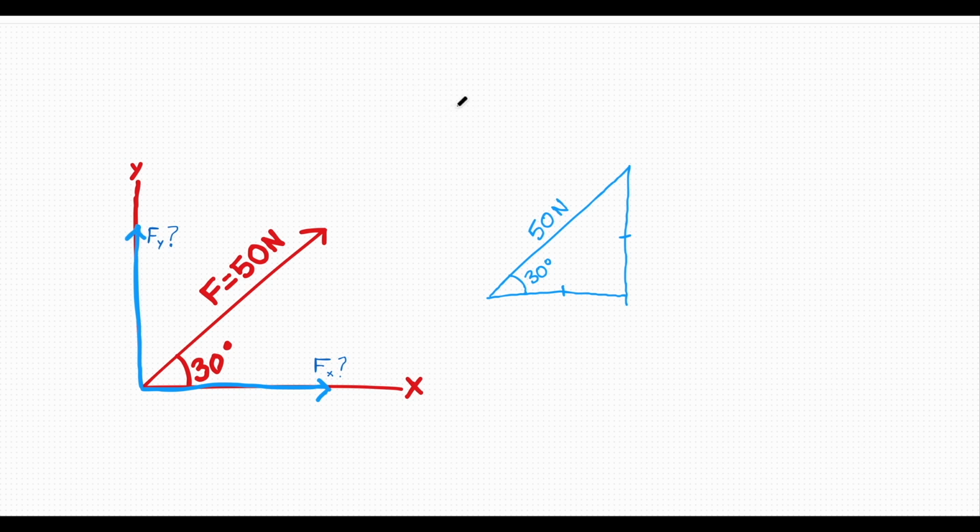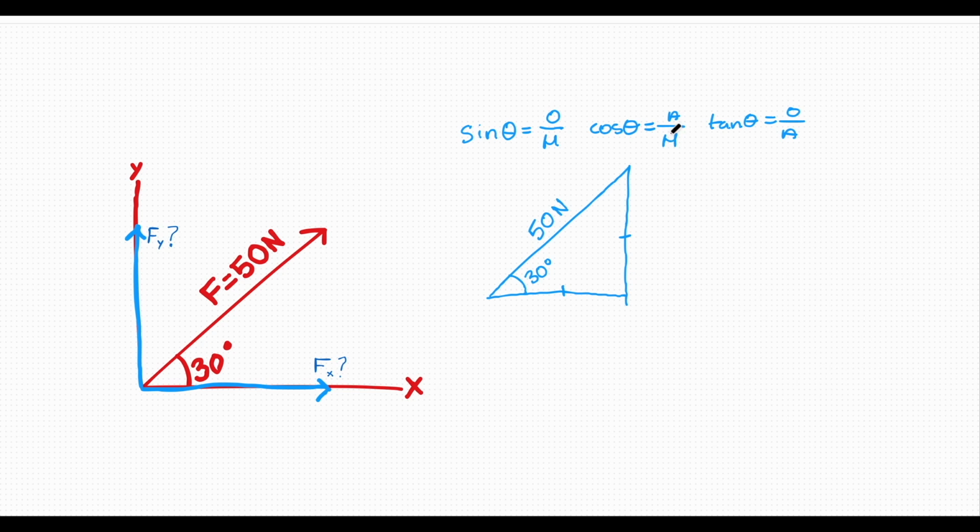So if we want to go back to previous math classes, SOHCAHTOA: sine is opposite over hypotenuse, cosine is adjacent over hypotenuse, and tangent is opposite over adjacent. So if we want to find the adjacent side using this hypotenuse, which one involves both adjacent and hypotenuse? Well, it's cosine.